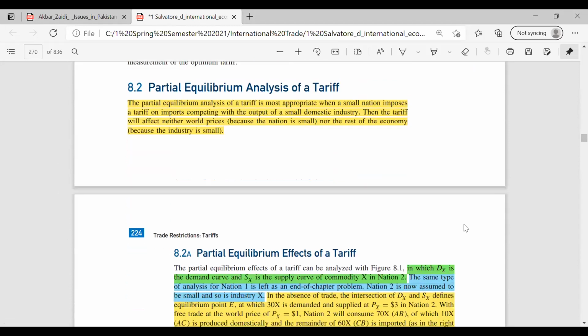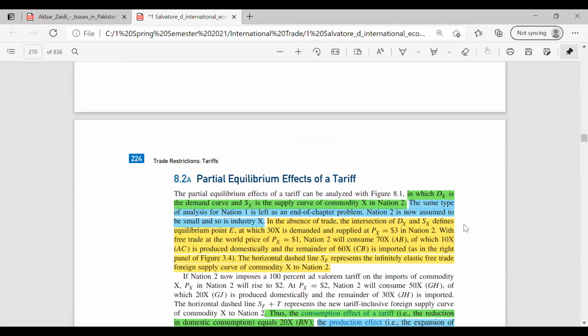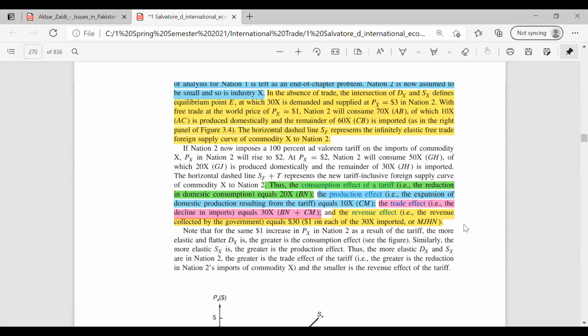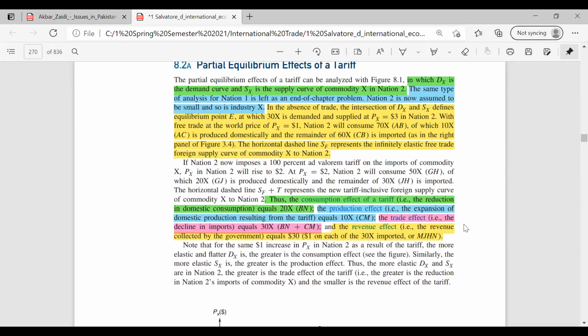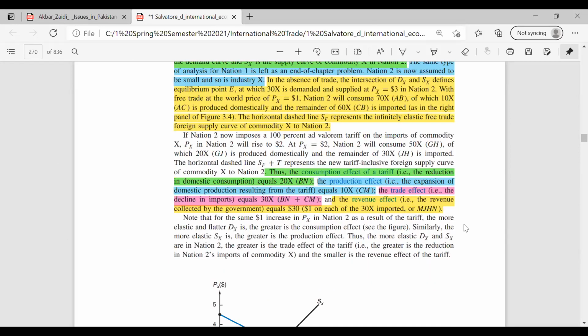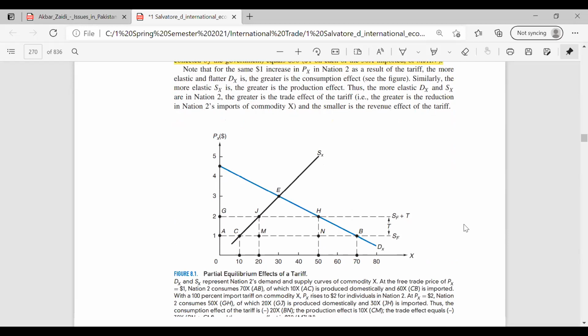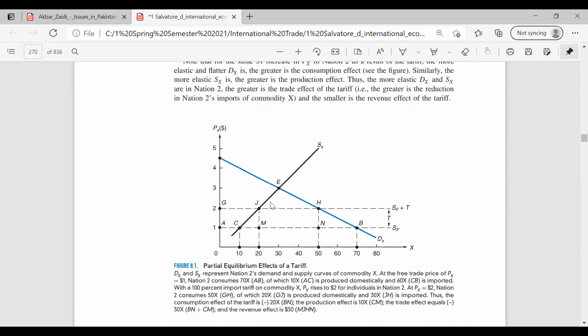It was discussed for a small nation which cannot affect international prices, and for a small industry, so it will not affect any domestic prices. We saw this small nation is importing the commodity X. SX is the domestic supply curve of X, DX is the domestic demand curve, and SF is the foreign supply curve.